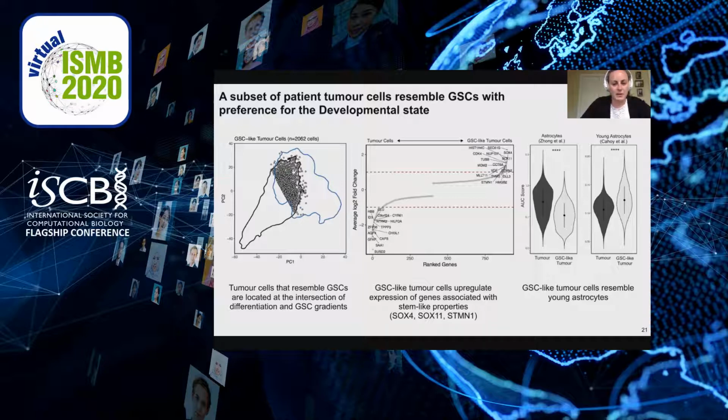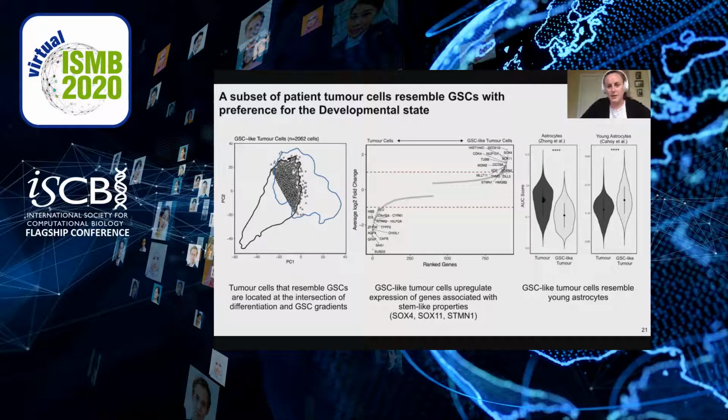Then we did differential gene expression analysis between these GSC-like tumor cells and the more mature-like tumor cells that would fall down here in this black tail. We see that these mature-like tumor cells overexpress genes like GFAP, aquaporin-4, and CLU, which are all markers of astrocytes, which goes with the gene signature scoring analysis that we saw in the previous slide, whereas these GSC-like tumor cells are upregulated for more neurodevelopmental genes, such as SOX4, SOX11, and also proliferation genes.